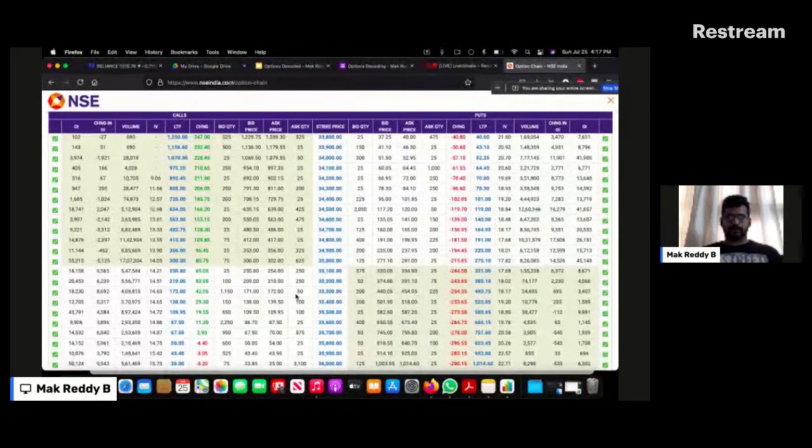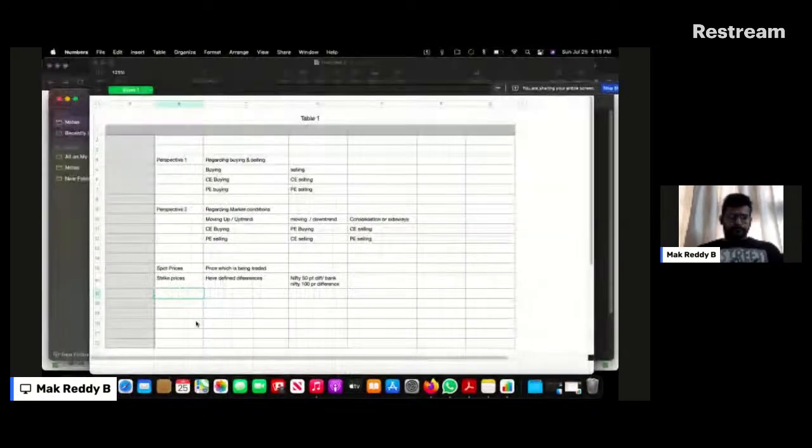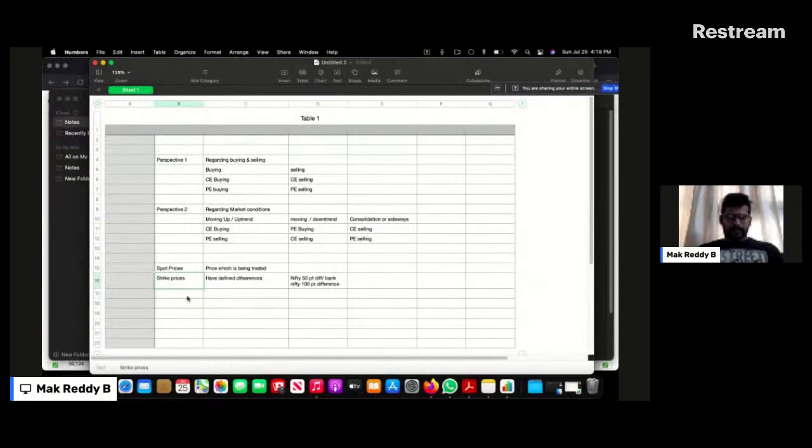Okay, so after prices comes ATM options, OTM options, and FOTM options.